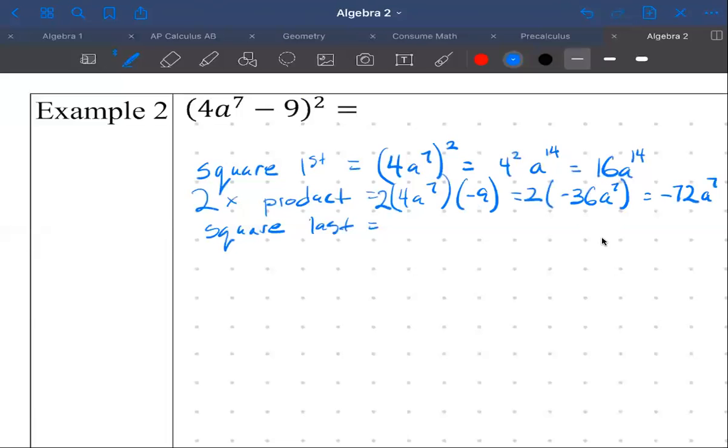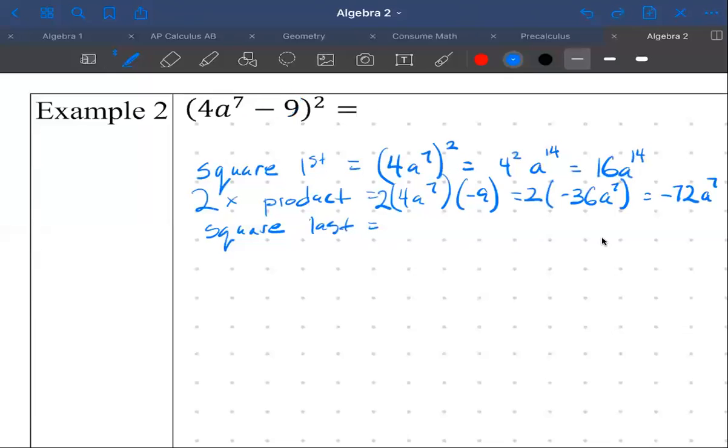And then finally, thank you, Wyatt, we're going to square the last. It's a nice, easy one. Who hasn't participated very much? I haven't heard Gunnar for a while. Our last term is -9, Gunnar. We're going to square that.